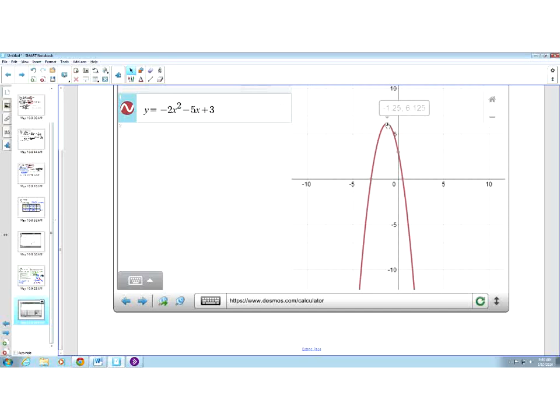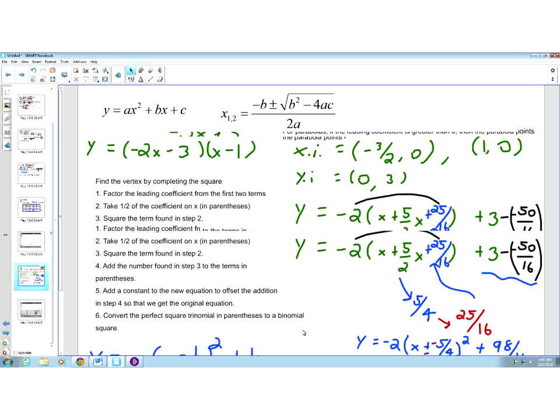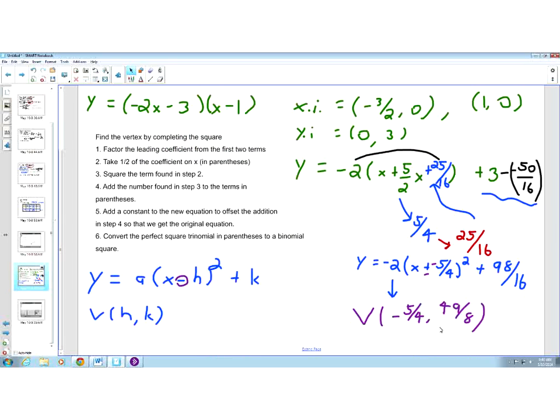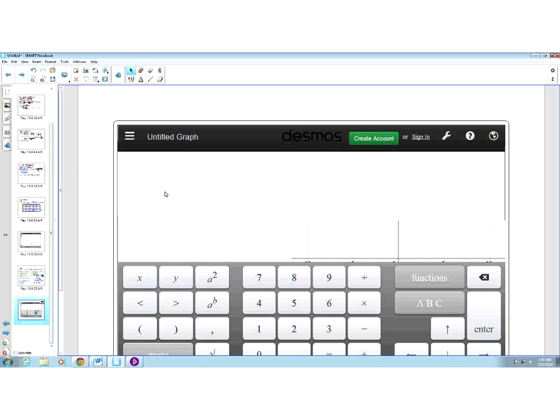Where do we say the coordinates of our vertex? Let's check. I'll go back and check. Negative 5/4 and 49/8, which is 6.125 and negative 1. Yeah, so that was right. Yeah, so we're good.